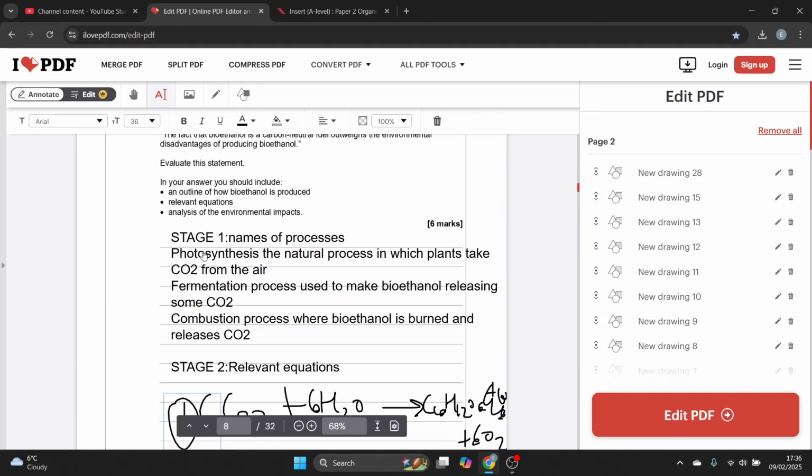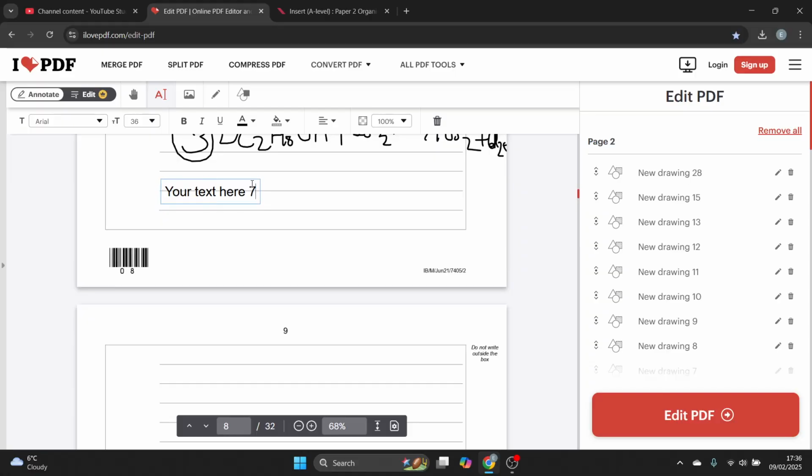Then stage 3, analysis of the environmental impacts.